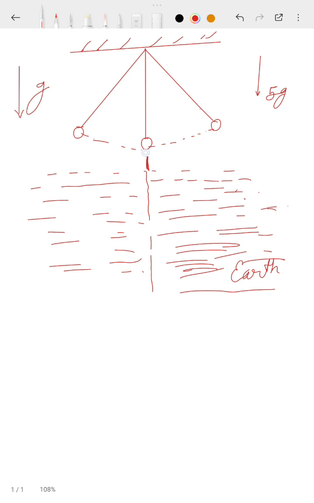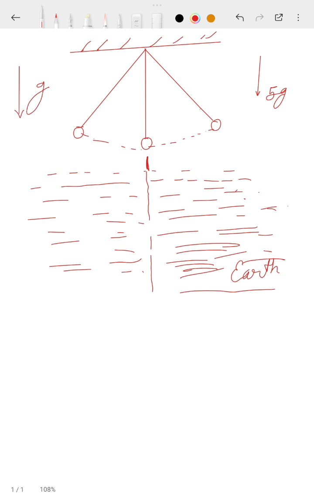So it may be complex, like we can make gravity changing with left to right. Okay, let's say we can make it. So first we will discuss about this problem.